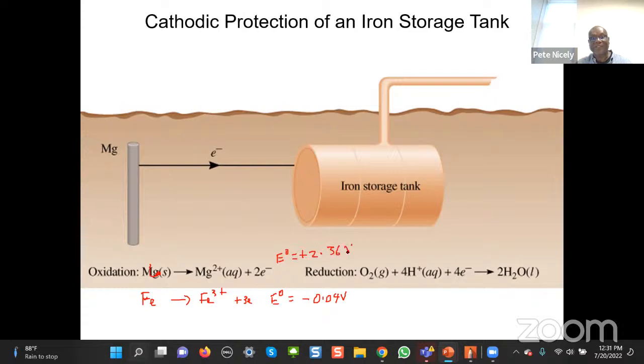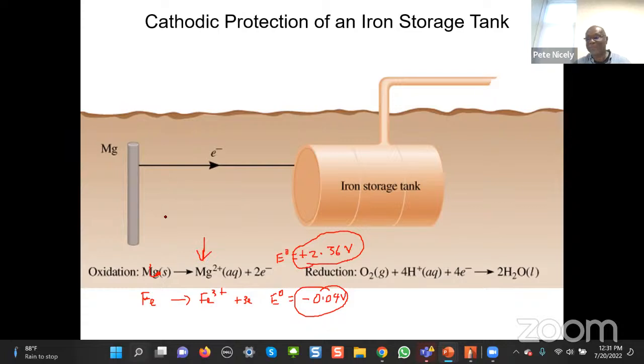All right. Now here's the thing. Obviously, 2.36 volts is larger, more positive than minus 0.04 volts, right? So that tells me that in a competition between these two, this reaction here is more likely to occur.